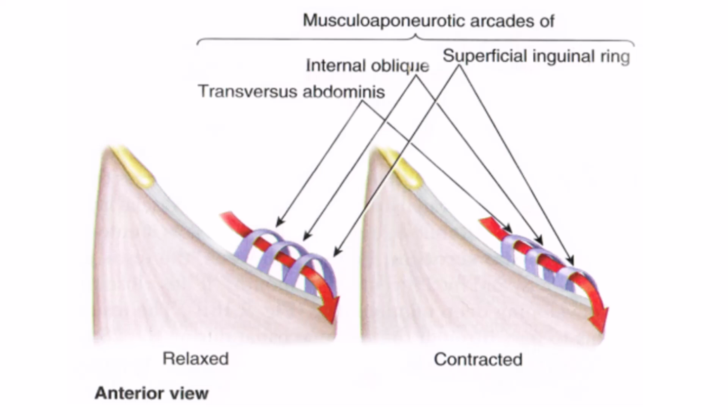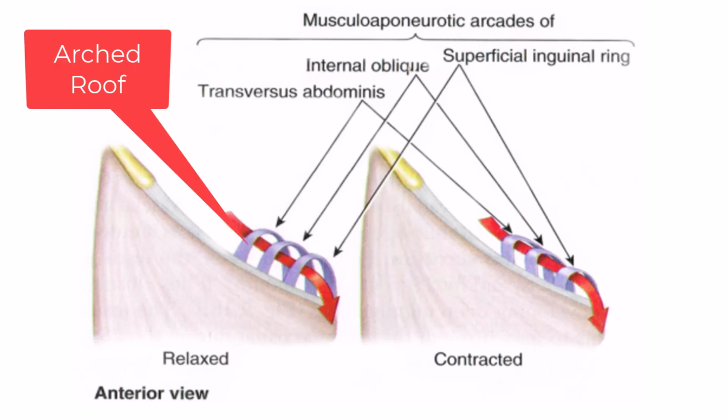Another mechanism is the shutter mechanism. In a shutter mechanism, just remember the roof of the canal, and I had told you the roof of the canal is arch-like and is made up of muscle fibers of the internal oblique and the transversus abdominis. So how do they work? These muscle fibers arch like a dome over the canal. Whenever you strain or cough, these abdominal muscles forcefully contract.